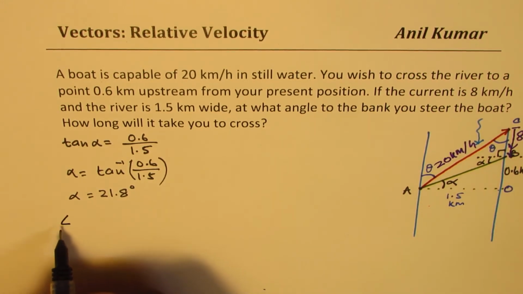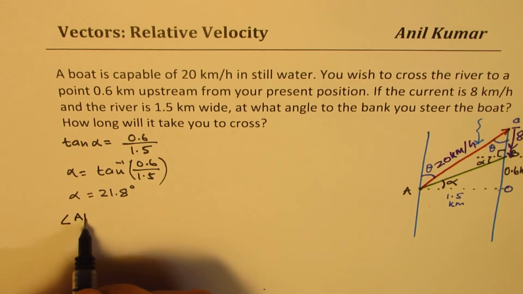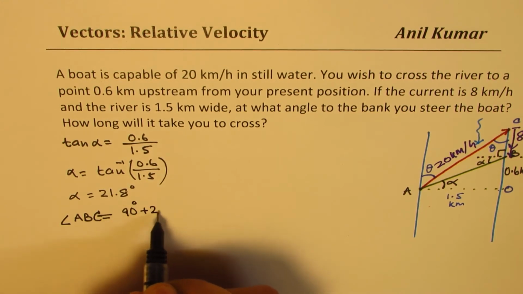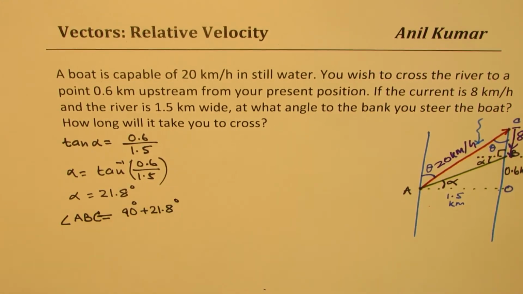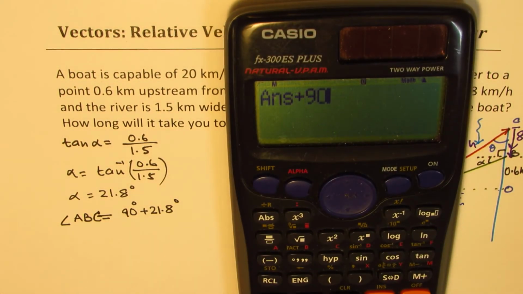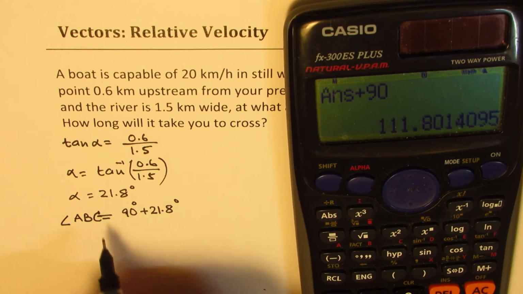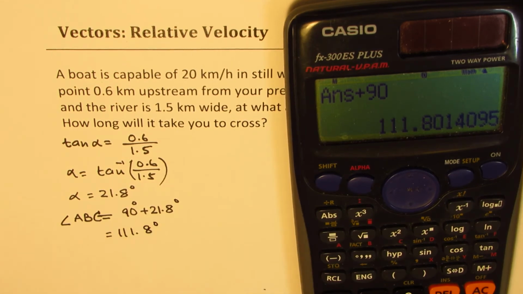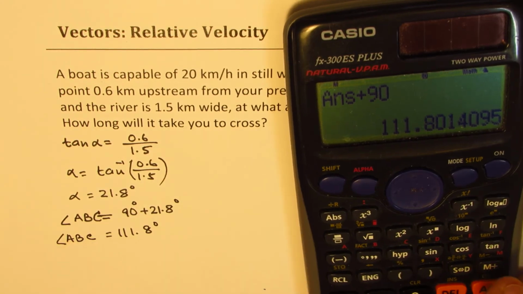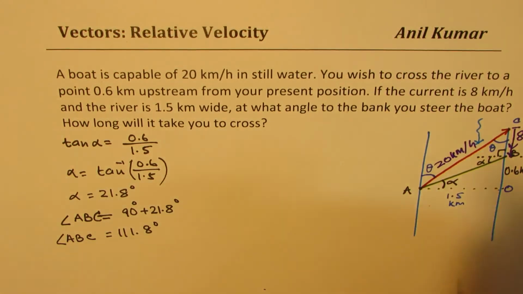From here we get angle ABC is equal to 90 degrees plus 21.8 degrees. So we add 90 degrees to this and find our angle, which is 111.8 degrees. So the angle ABC is equal to 111.8 degrees. We get this big angle.